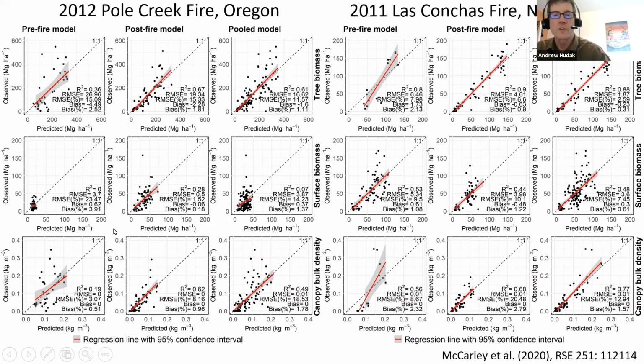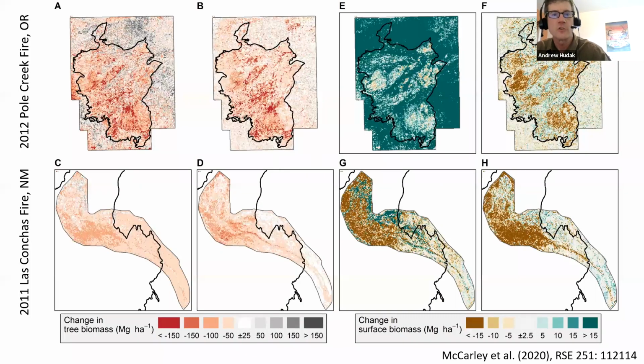So we took the pooled model approach as the best one and applied it to generating consumption maps at these 2 fires. And that's what's represented here in these figures. So this is tree and surface biomass.